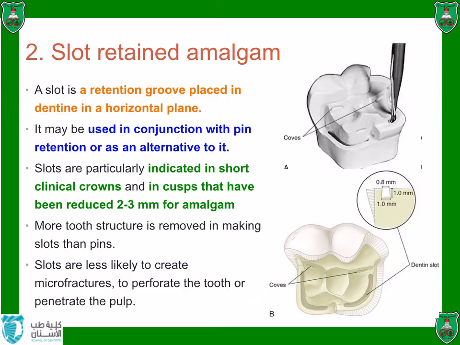In this case, if you don't have this space for placing pins, then you will use slot retention. So if we want to place a crown on the tooth after preparing the amalgam, you need 2 mm for the pin inside dentin, 2 mm in the amalgam, and 4 to 5 mm occlusal clearance between the pin and the occlusal surface. If we don't have this space for an indirect restoration, I also can't use pins, I must use slots.